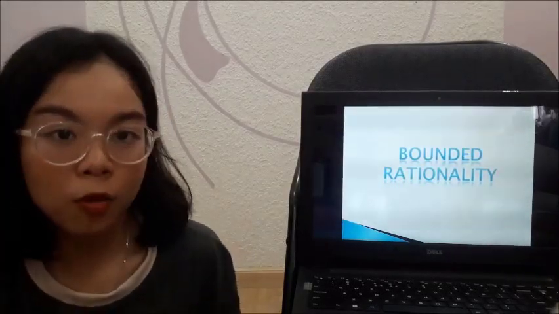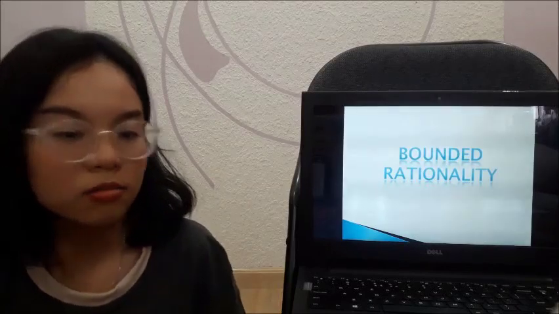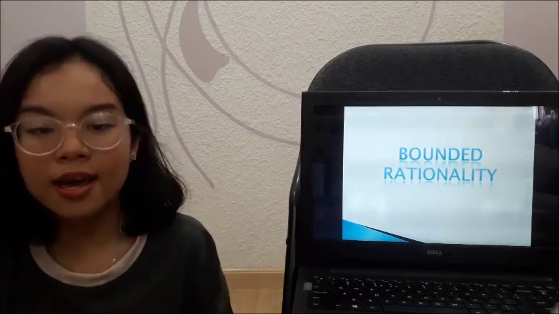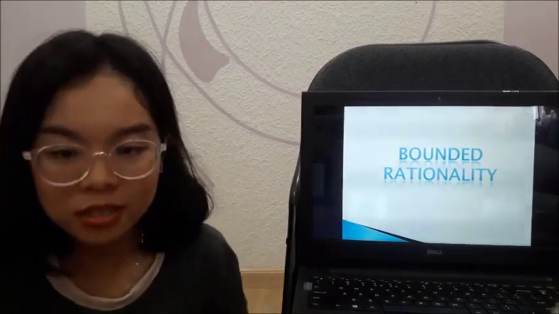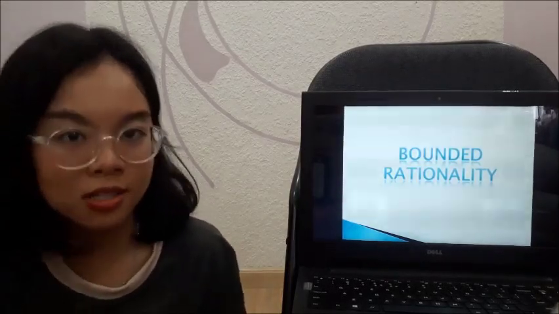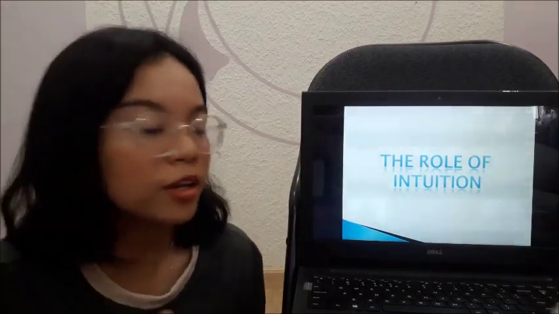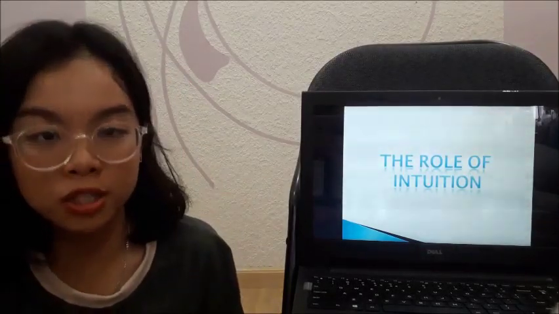And the second one is bounded rationality. This is decision making that's rational but limited by an individual's ability to process information. And the third one is intuition.